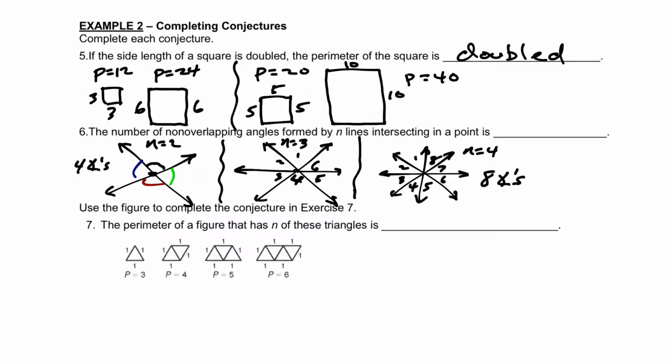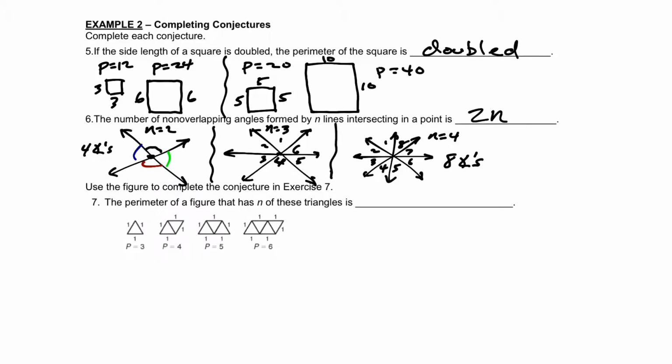So then our conjecture is going to be that the number of non-overlapping angles that are formed is twice the number of lines. So our conjecture is that we're going to fill in the blank with 2n for number 6.